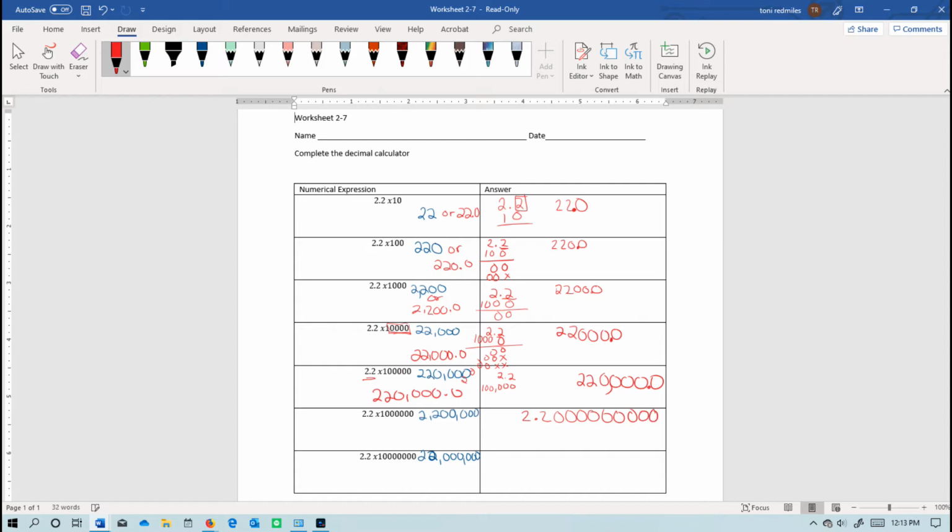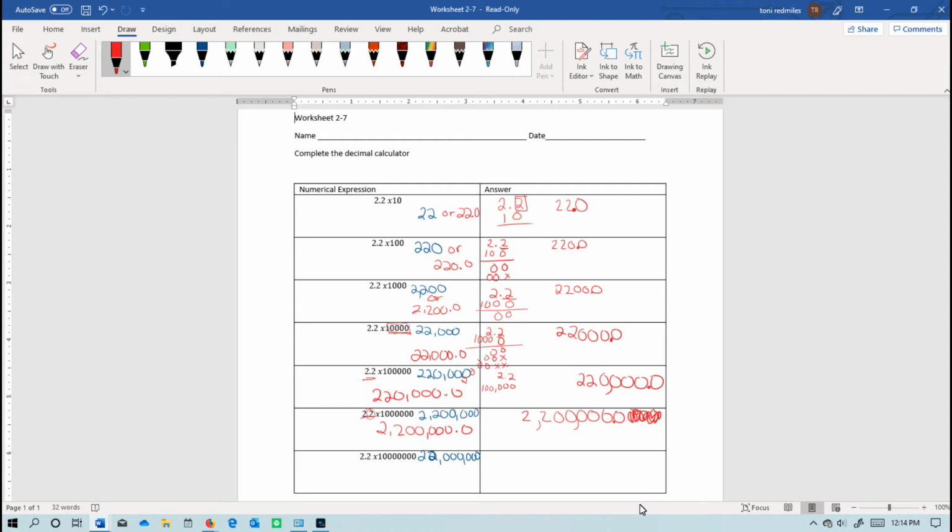But remember, because we're multiplying, we only put as many decimal places as we do in both our numbers, which is 1. So I have to actually get rid of this decimal, and I only need one decimal place. So I could write that like this, or I could write it with the decimal place in there.